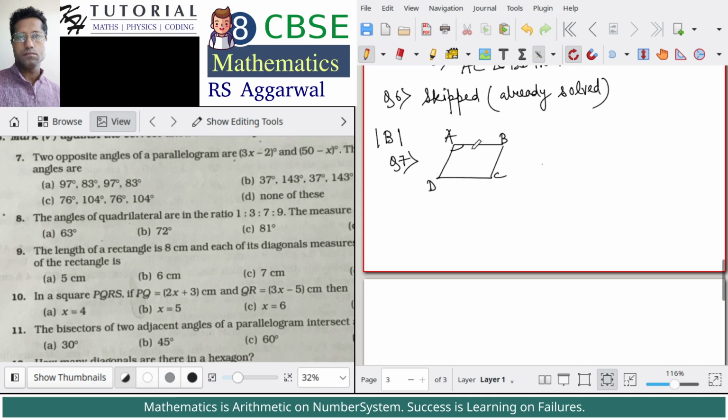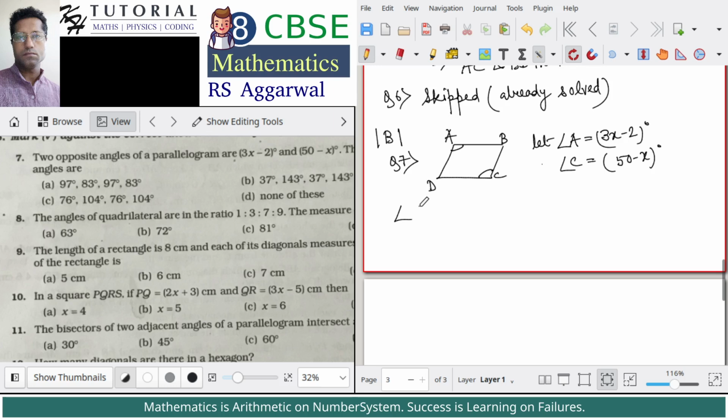So let's say these two are an opposite pair of angles. So let A be equal to 3x minus 2 degree, and its opposite angle is C. C is equal to 50 minus x degree.